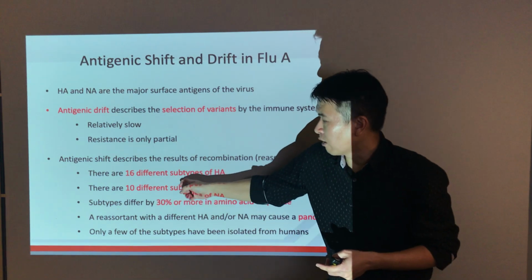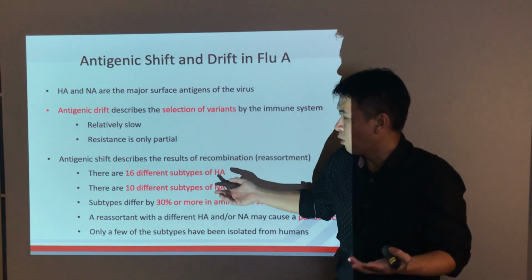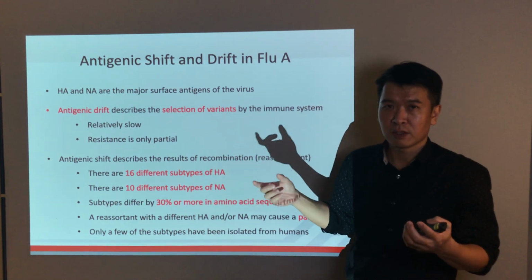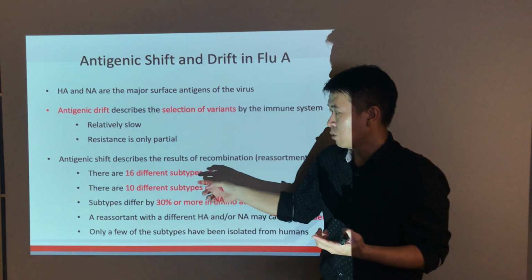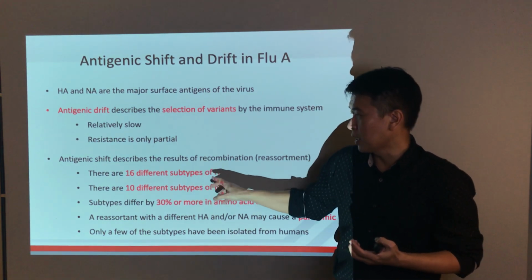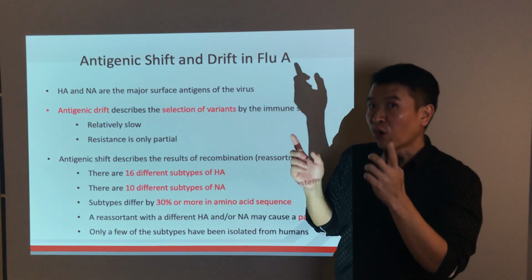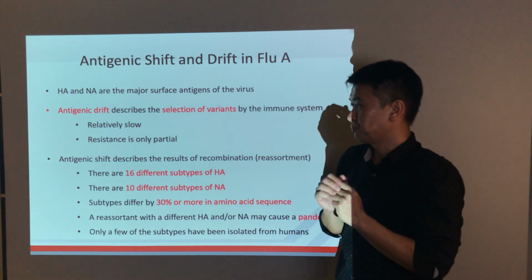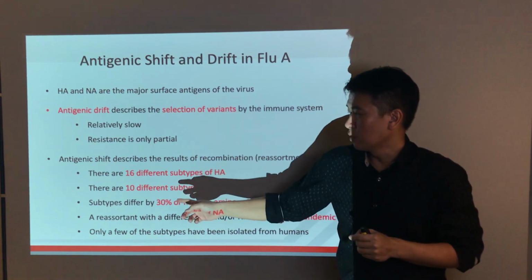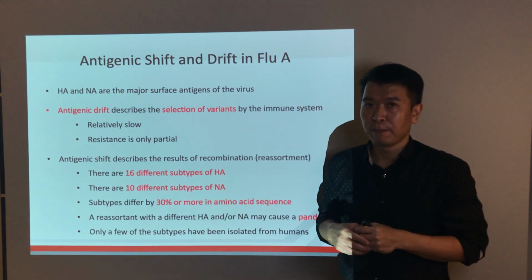There are a total of 16 and maybe now 18 or even more HA subtypes, which are coded by the HA gene. There are also a total of 10 subtypes of NA.